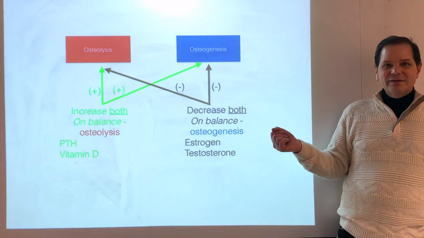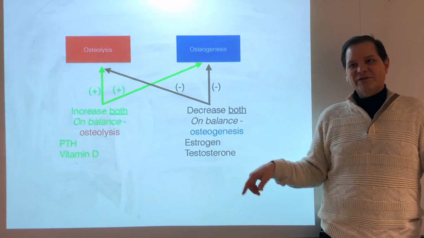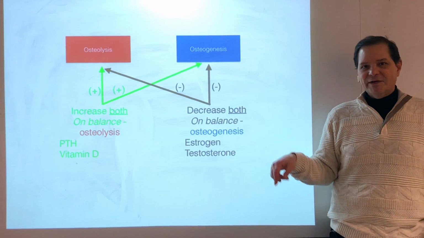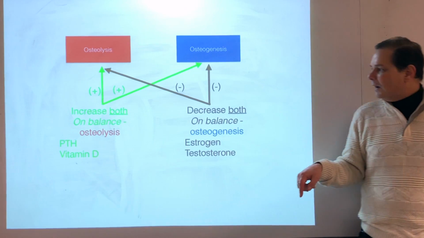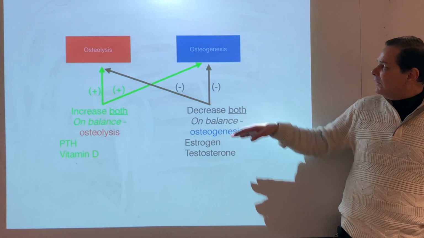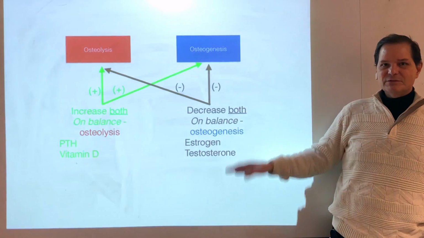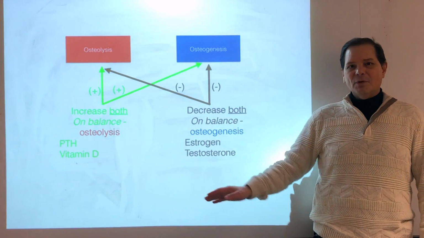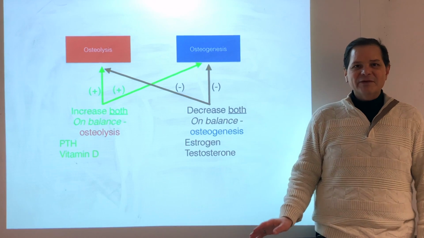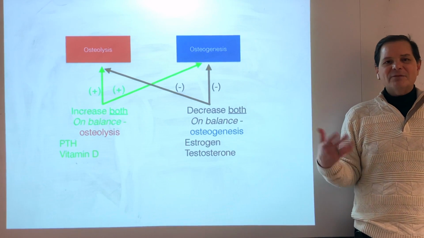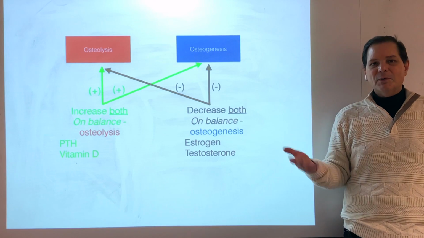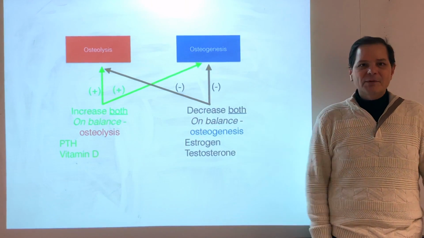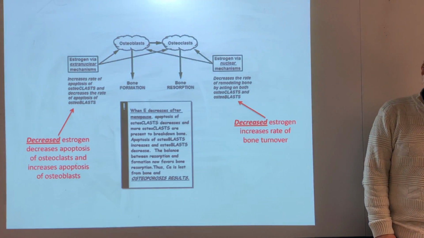On the other hand, if you decrease estrogen and testosterone as you get older, as you will find out, and as I can attest, that will cause you to have less osteogenesis. And that can cause you to start breaking down bone on balance. That's the reason why after about 40 or so, you start to lose bone rather than gain it, okay? It's largely because of the drop in these hormones.